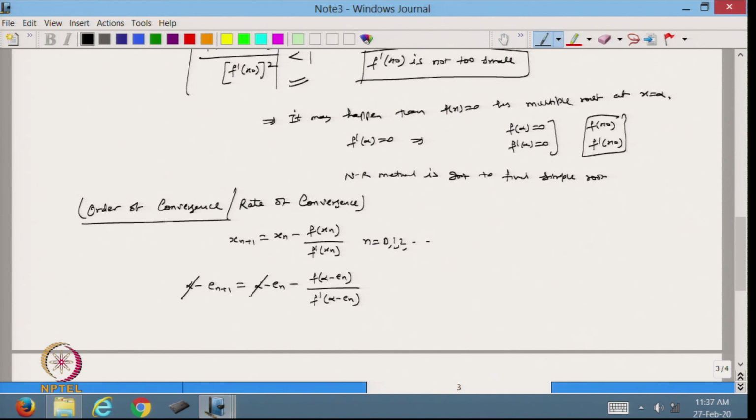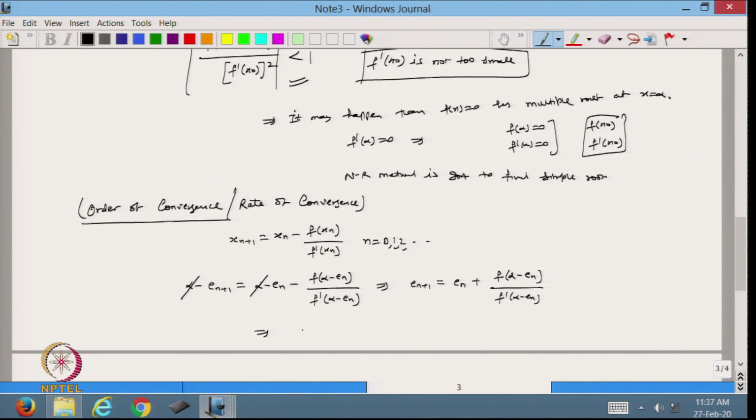So, this alpha will cancel out, and from here I can write E n plus 1 is equal to, since the minus sign is there on both sides, the minus sign will cancel out. So, it can be written as E n plus f of alpha minus E n over f dash alpha minus E n.